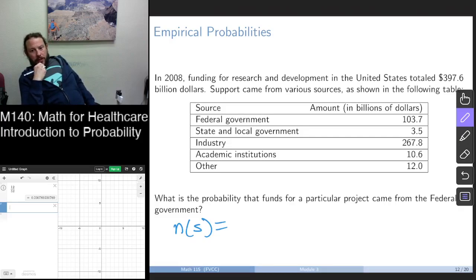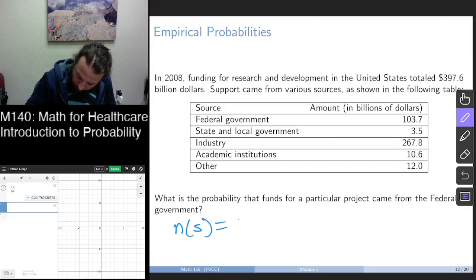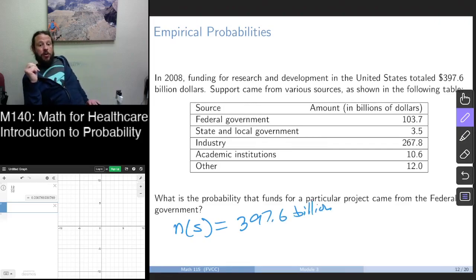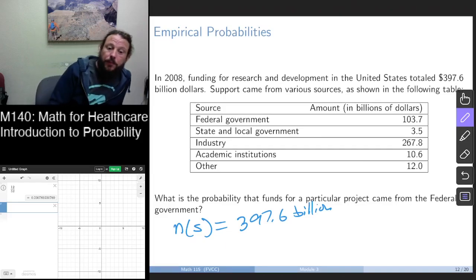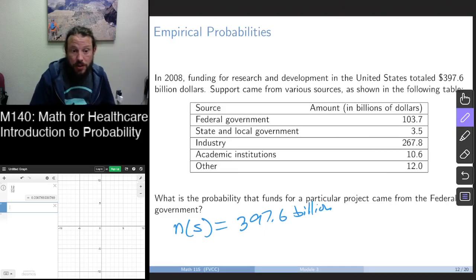What it actually contains is every one of these $397.6 billion. So the size of it is 397.6. Remember that it's billions, so it's not like half of a dollar or something like that. 397.6 billion is the size of our sample space.